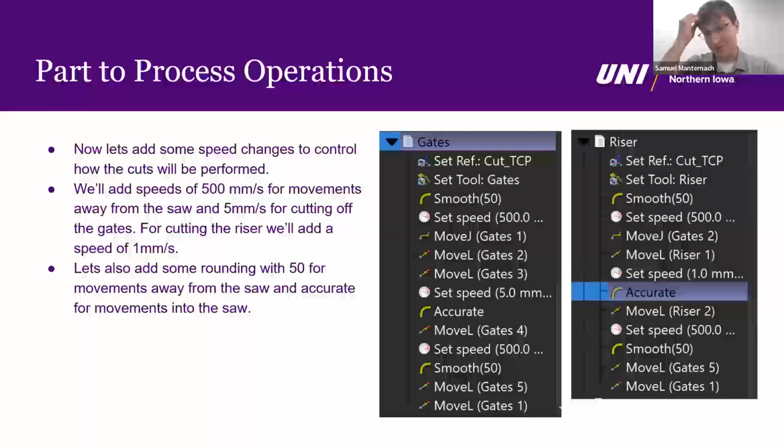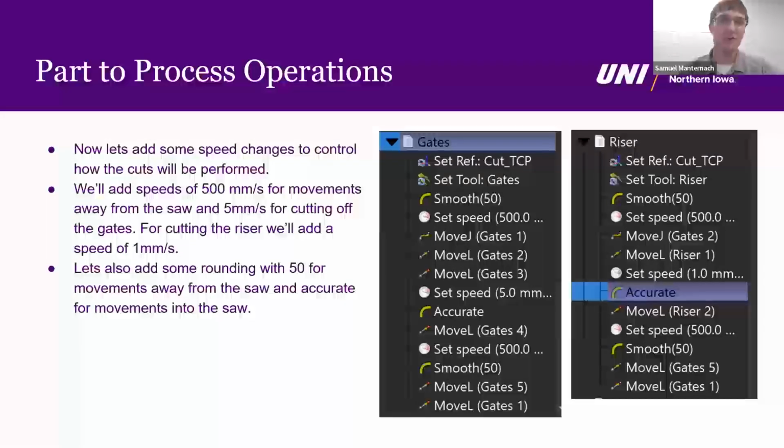Beyond that, we'll make our gates program, and similarly, we're going to do the same thing to our riser program. In this case, we're going to have to lower that speed even further. So we'll do the same thing we did before, locating speed and rounding changes right before the start of our program, and then right after our cut. You can see in the riser program, that's going to be right after your second riser target. And in our gates program, that was right after our fourth gates target.